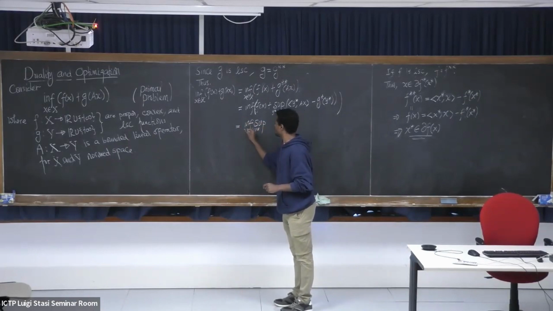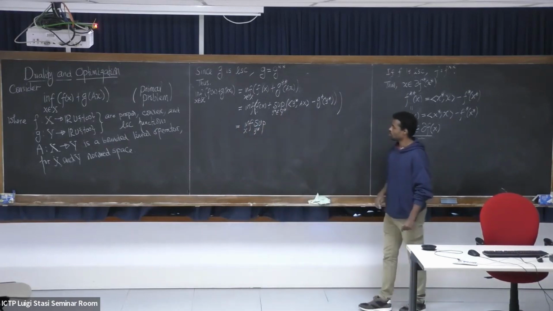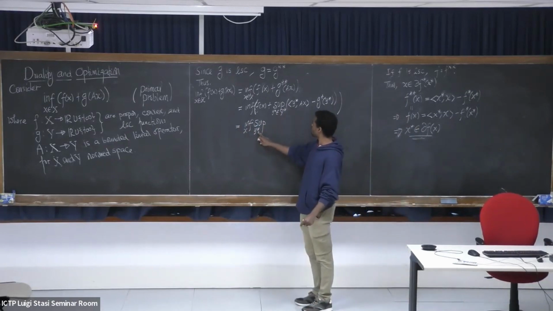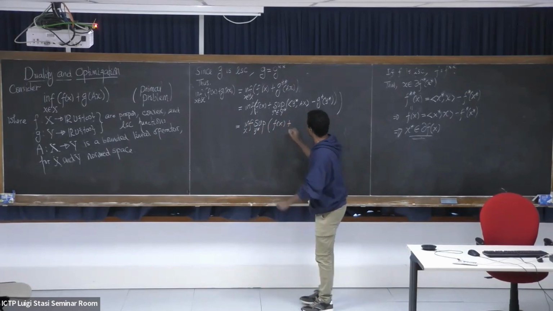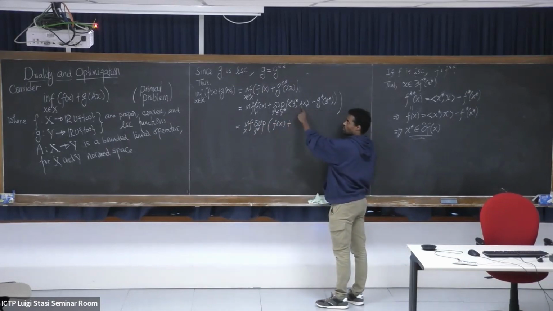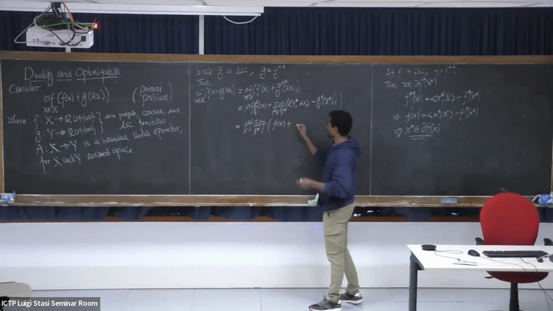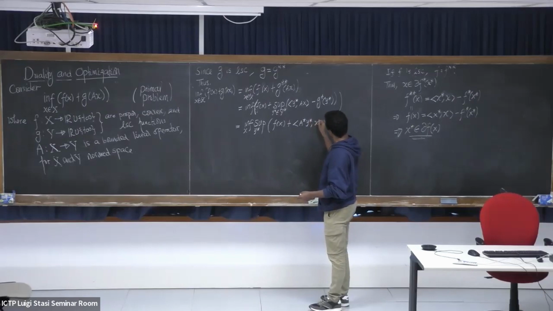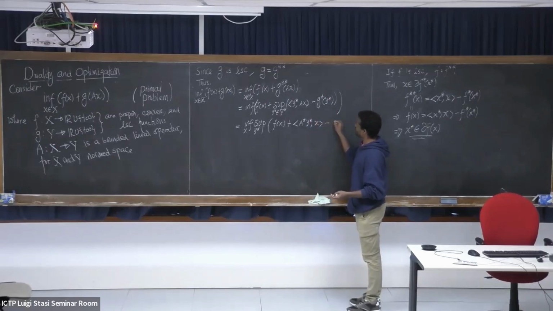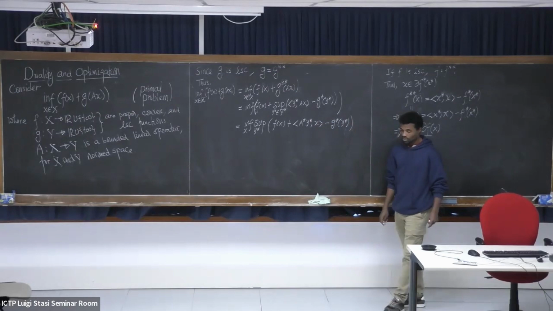Since A is a bounded linear operator, its adjoint exists, so this becomes f of x plus the pairing of A star y star with x, minus g star of y star.